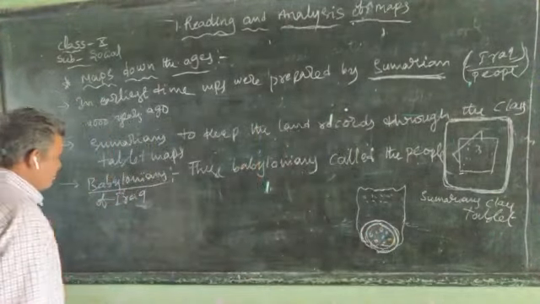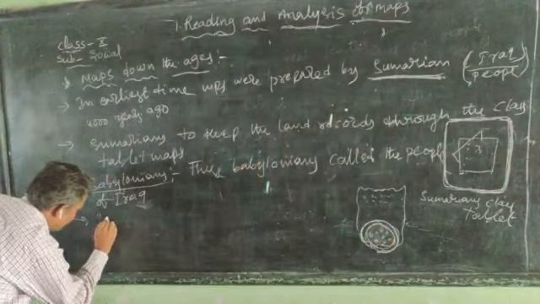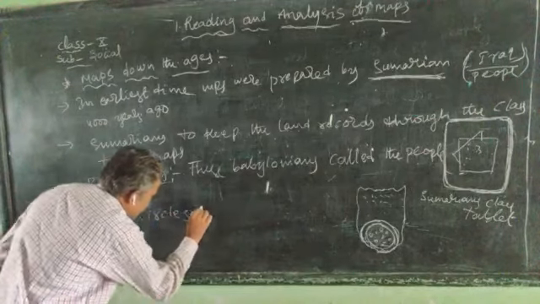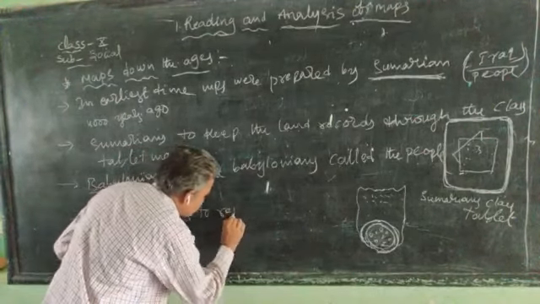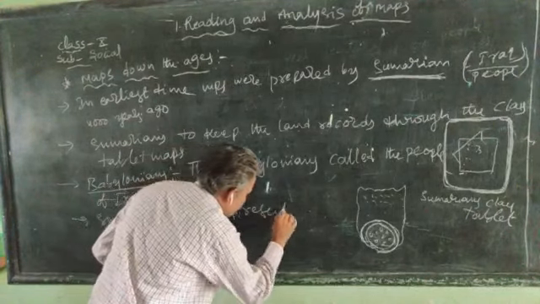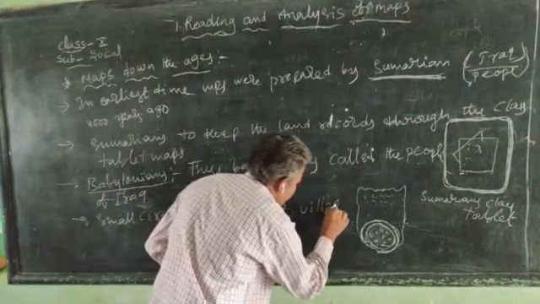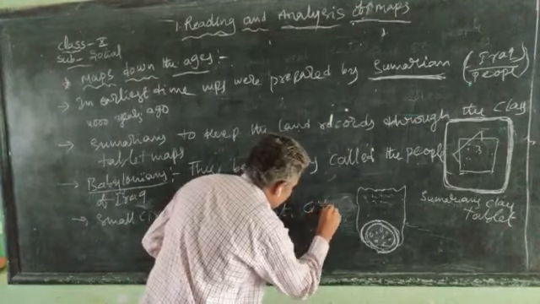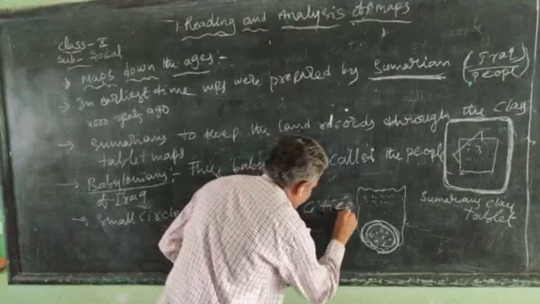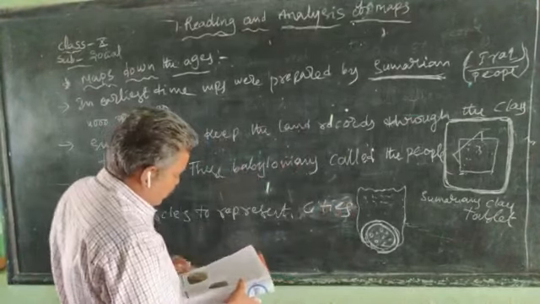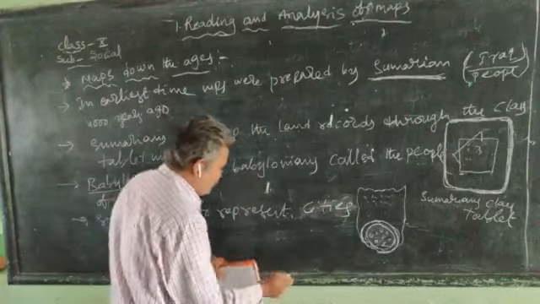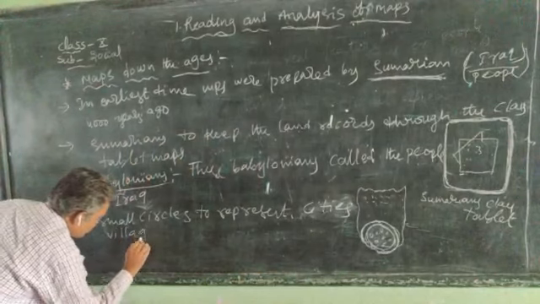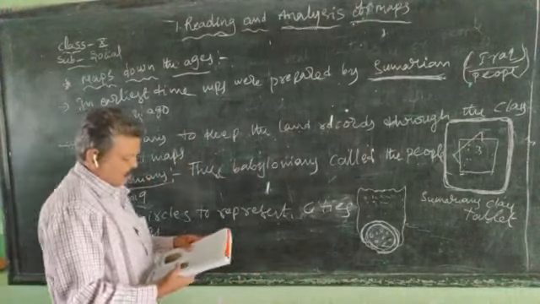The small circles represent cities and villages.